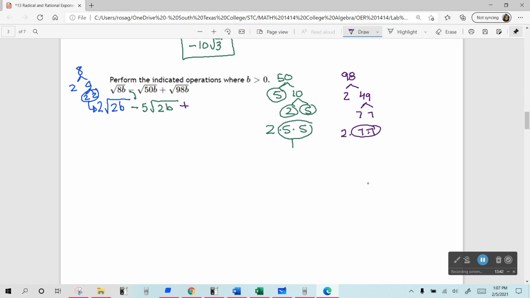I'm going to put the plus 7 square root of 2b. And now that I simplify the radicals, you can see here all the roots are the same. They all have 2b. So then we can combine the numbers. 2 minus 5 plus 7. And that's going to be 4 square root of 2b.